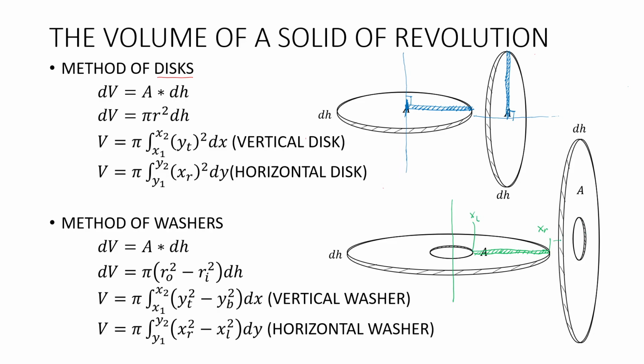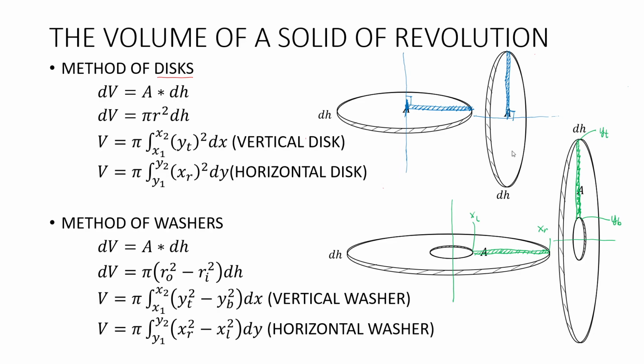The same goes for the vertical strip. If we draw the vertical strip, notice that y top is touching one part of the graph, and y bottom is another part of the graph. So it's no longer the x and y axis. That's the key difference between the disk and the washer.